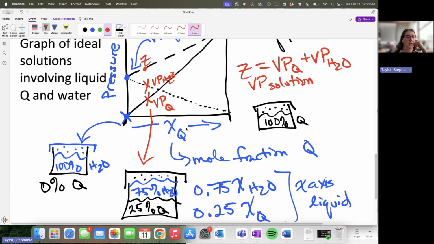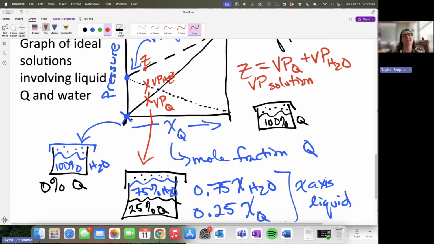This graph is in fact trying to show you basically 100 different solutions, starting on the left where there's all water and no liquid Q. And then we could move just a little bit and say that I have 1 part Q and 99 moles of water.